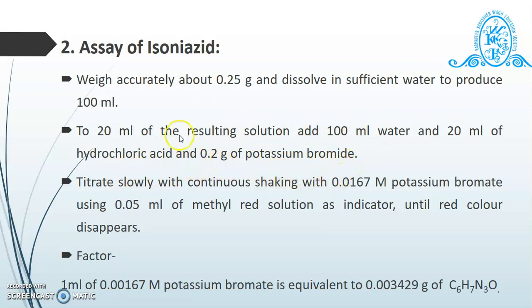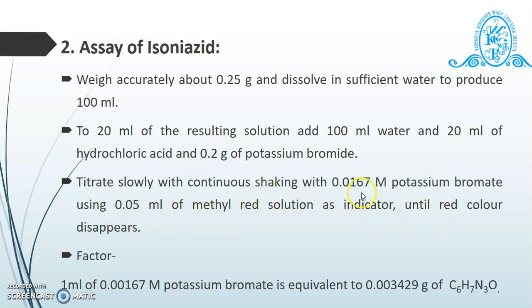After preparing this solution, we titrate with the previously prepared and standardized 0.016 molar potassium bromate solution. For this titration we use methyl red as an indicator, 0.05 ml or 5 to 6 drops.